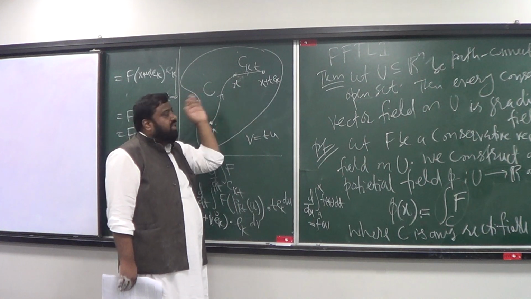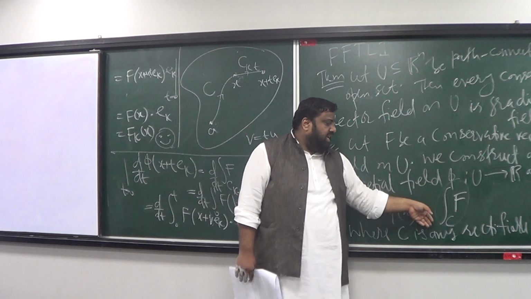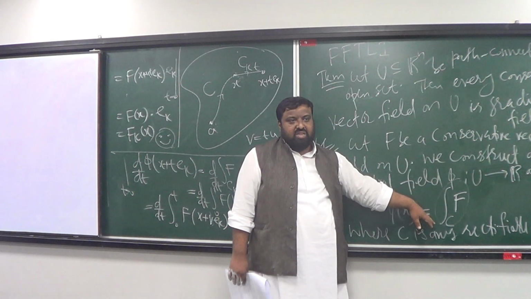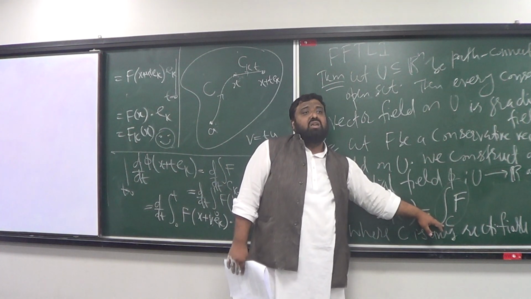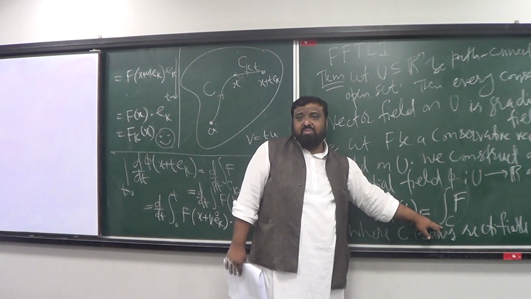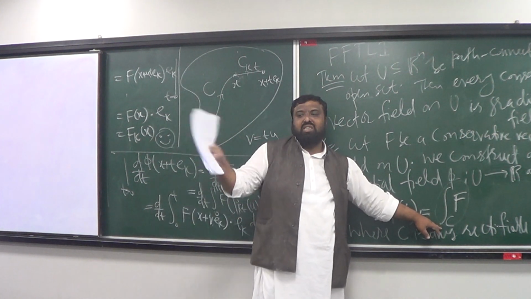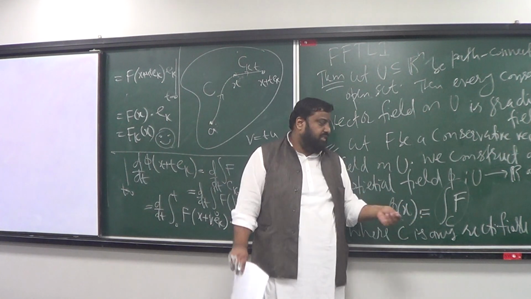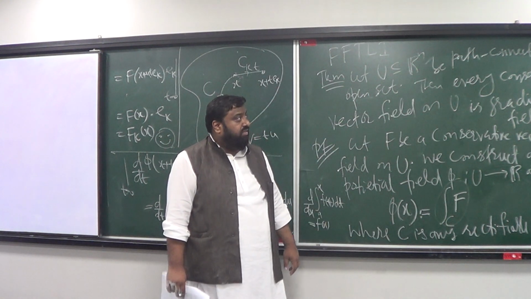And I'm defining phi of x to be the integral of f over the C. I can find such a curve because U is path connected, and this is well defined because f is a conservative vector field. It doesn't depend on the curve. It just depends on the points it joins, where C is a rectifiable curve.